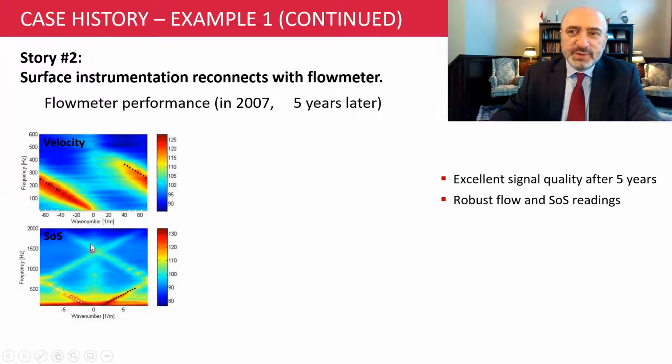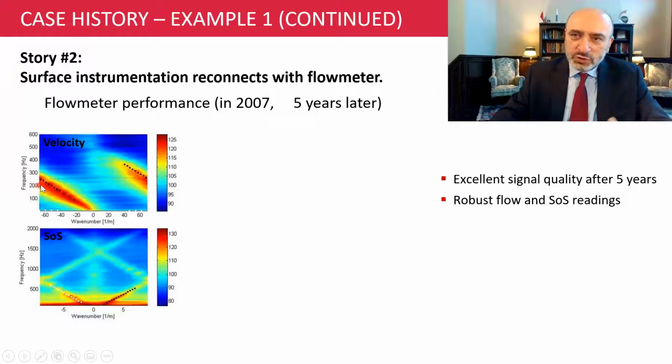And if you remember, we have seen similar plots in earlier sections. The higher power distribution is shown by the red and the yellow colors. And in this case, we see ridges for the velocity and speed of sound signals.